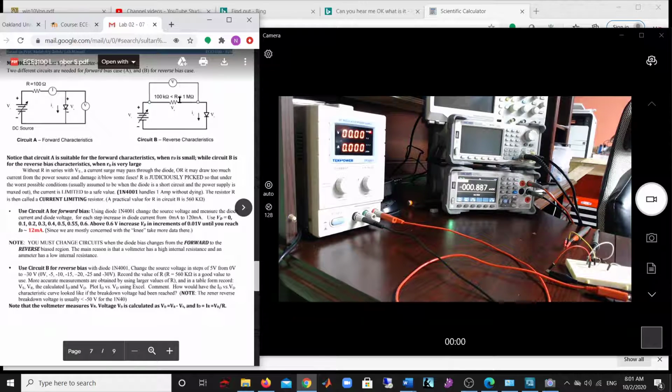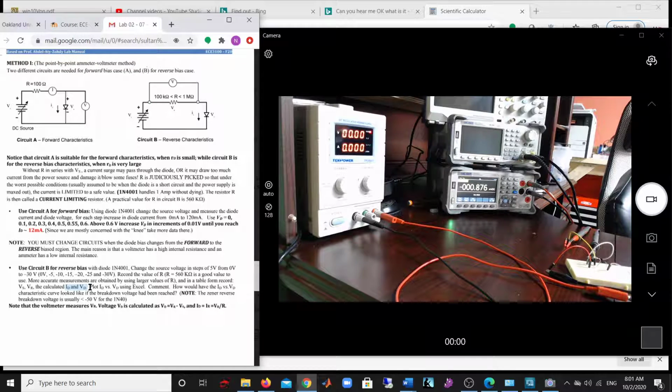As you can see, the voltmeter is connected across the 560k ohm. The others will be calculated, ID and VD. Obviously we talked about it, we're going to use Kirchhoff's voltage law, and we can get these values.